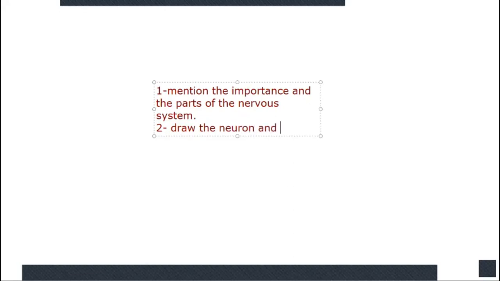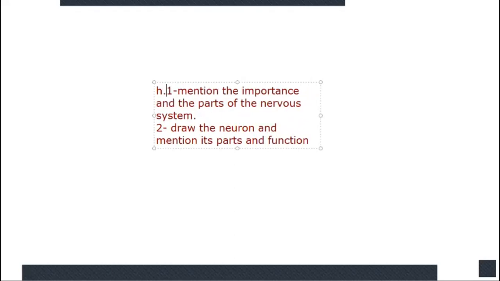And mention its parts. Is it easy? I want to see your talent. So we study until the neuron, and mention the importance and parts of the nervous system and draw the neuron.